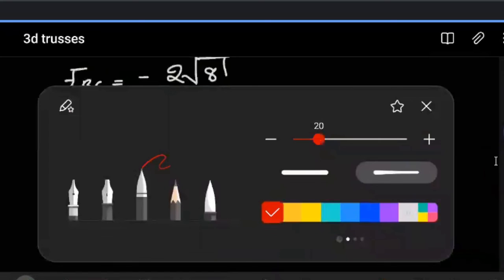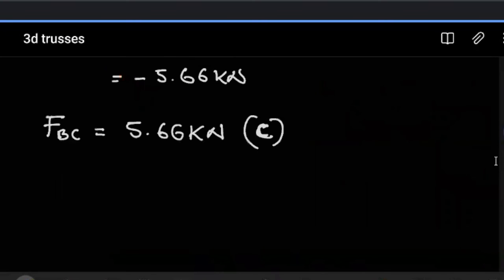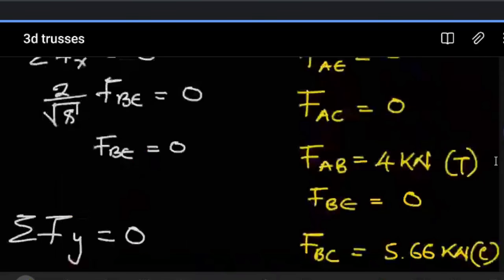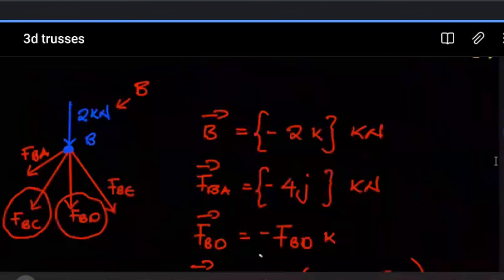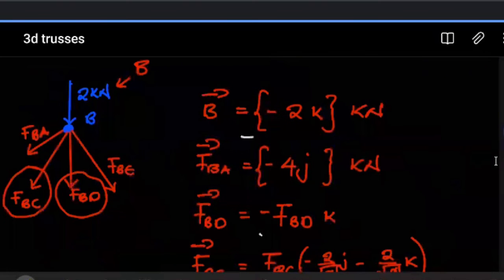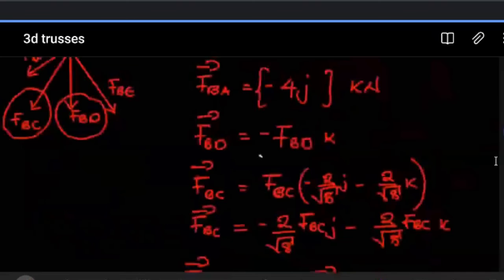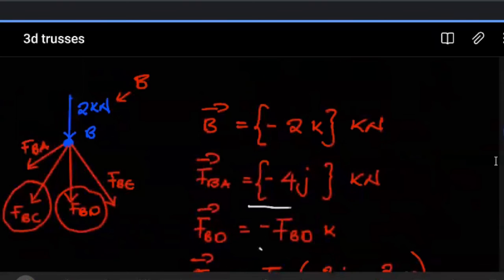Now we sum in the Z. Sum of forces in the Z-axis is equal to 0. Same thing: which of our forces have Z components? Well, the applied force in the Z is minus 2. What else? This one is in the J, it doesn't have a Z component.